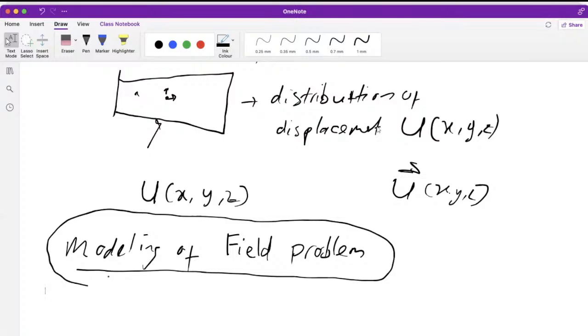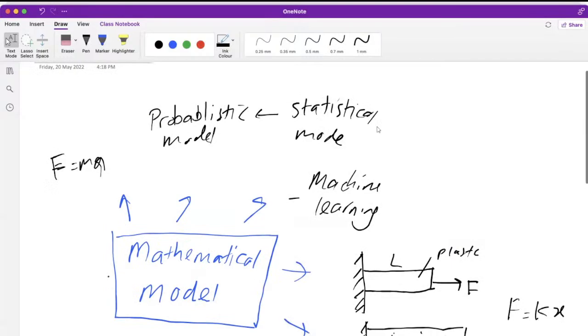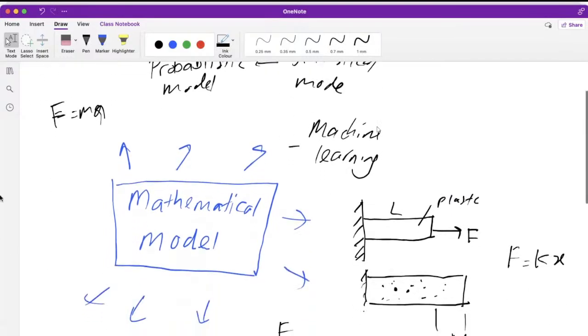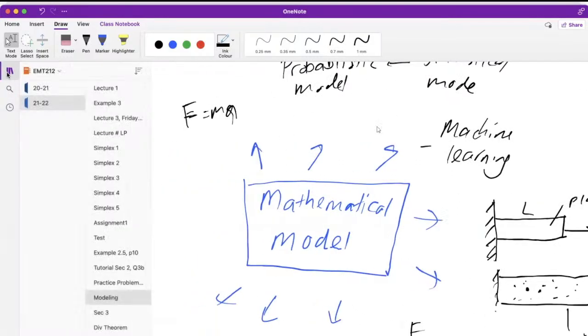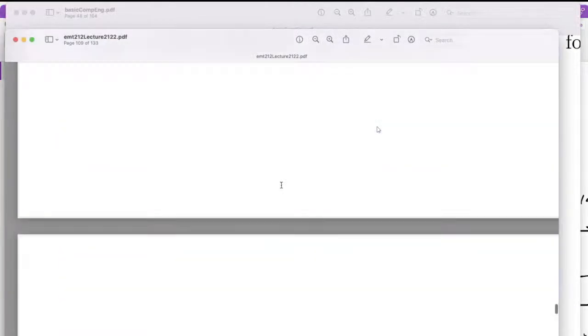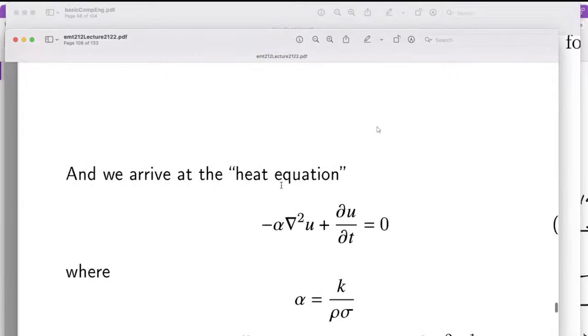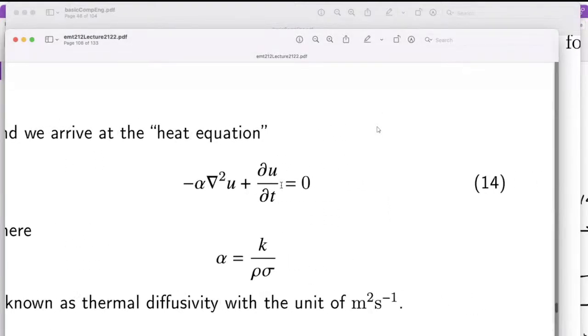Okay, and this is why I showed you the principle in the divergence theorem.